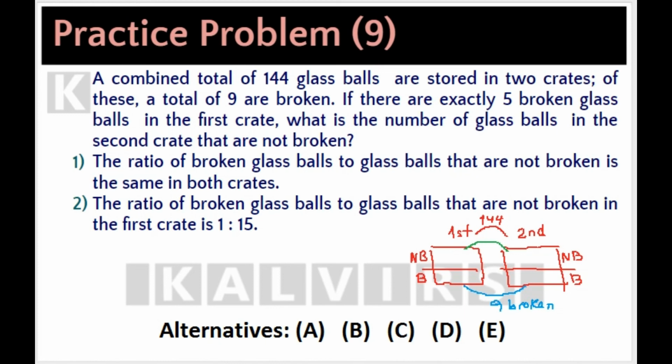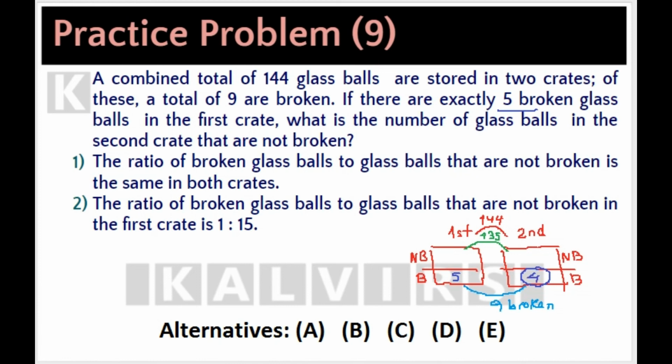144 minus 9, 135 balls are not broken. Then 5 broken glass balls are in the first crate. How many broken glass balls are in the second crate? 9 minus 5, 4 broken glass balls.